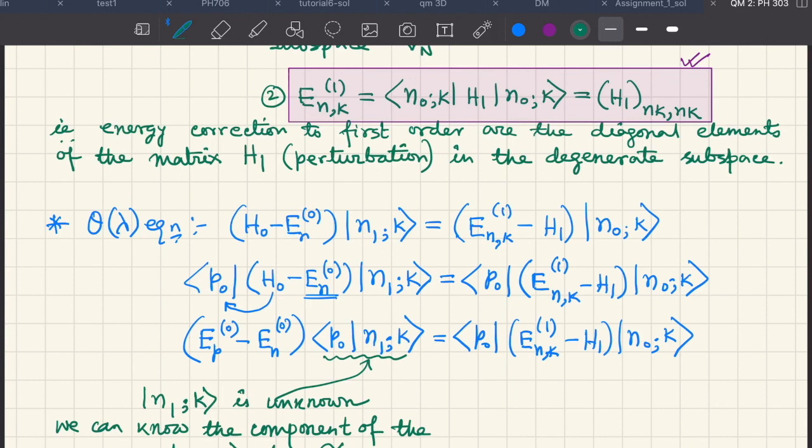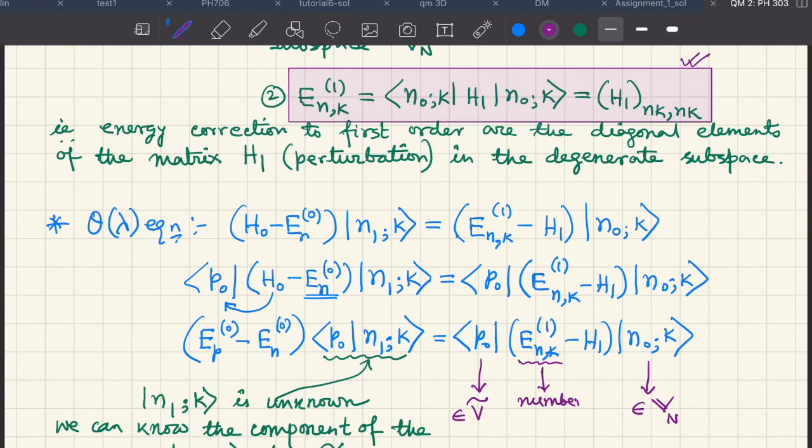Now look at the right hand side. What is this object P naught bra? This is an object or a vector in V tilde. This belongs to V tilde. This n naught k belongs to the degenerate subspace Vn, and this one E_nk^1 is just a number.